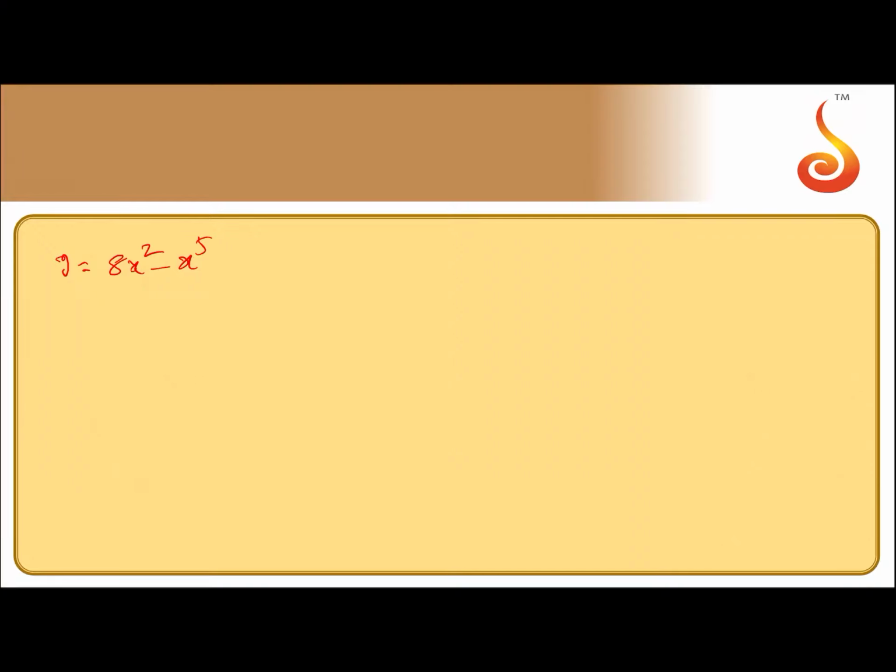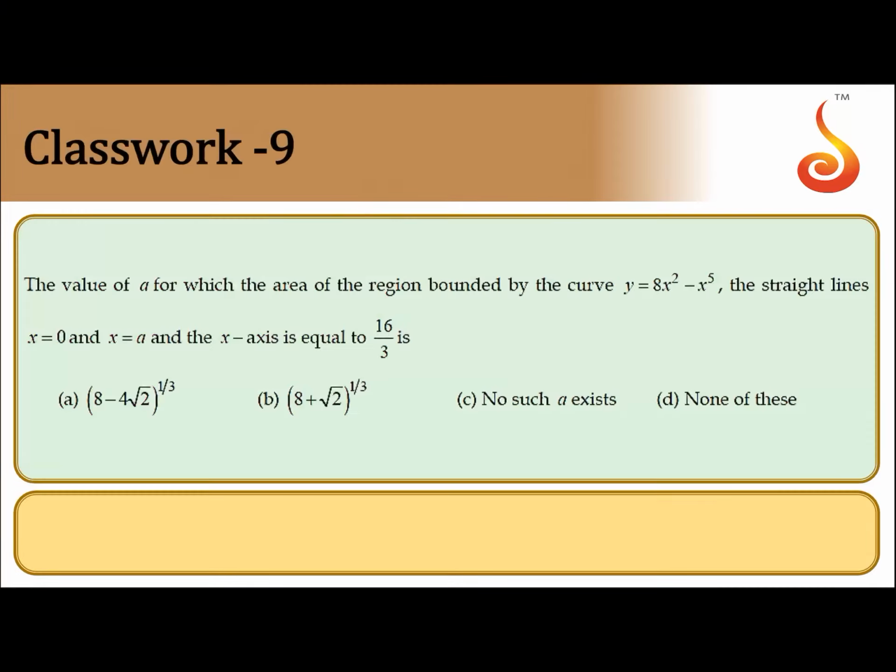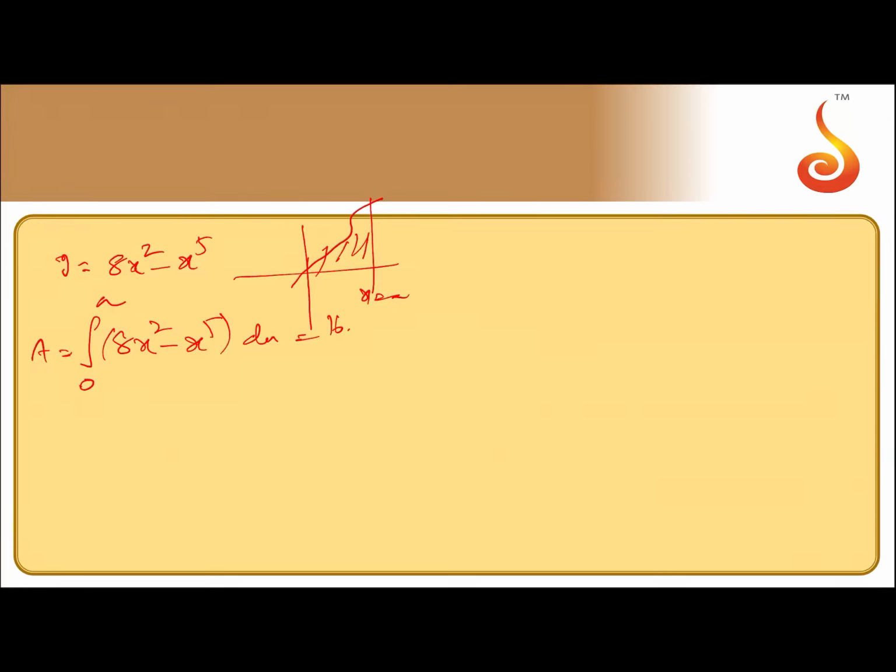This is a curve passing through the origin, from x equals 0 to x equals A. That area is the integration from 0 to A of y dx, 8x squared minus x to the power of 5 into dx, and that area is given by 16 by 3.